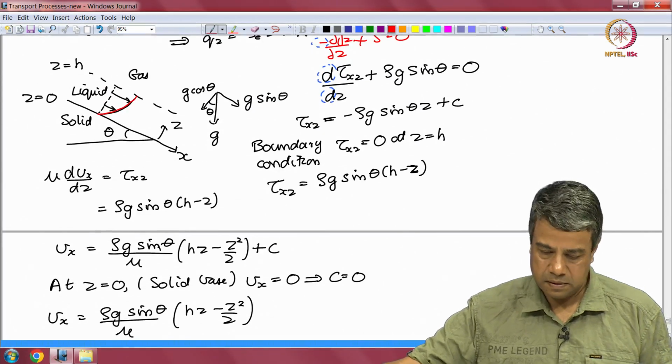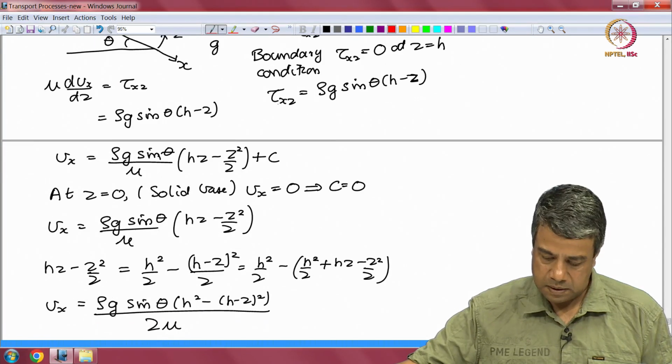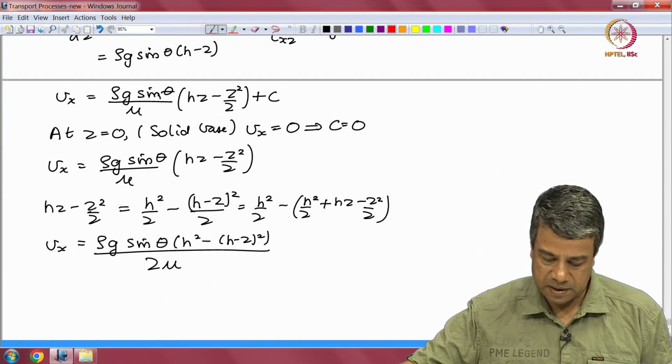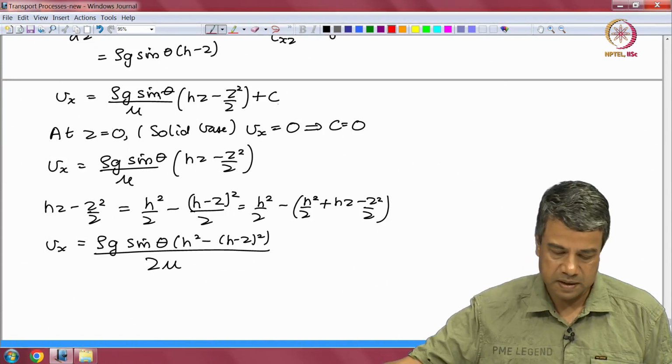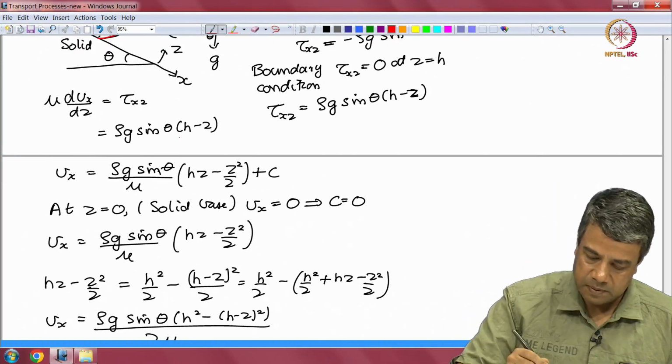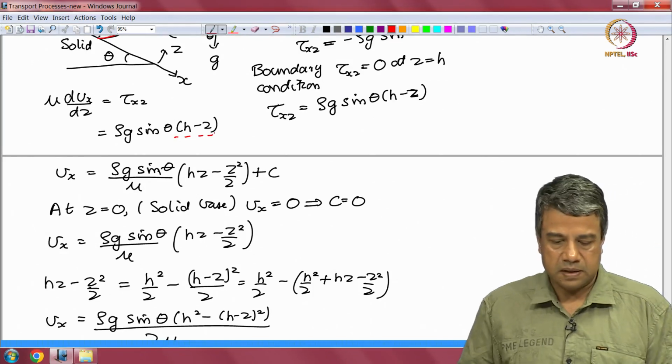Because d Vx by dz will be equal to 0 at z is equal to h.